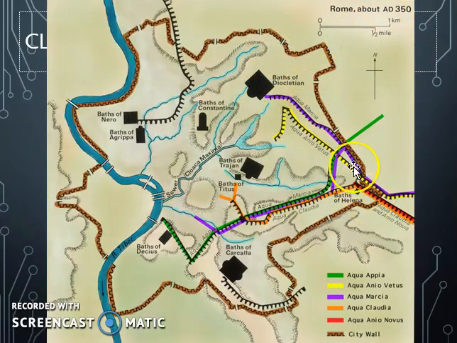And you'll notice that most of the places where these aqueducts are headed are bathhouses. Remember, bathhouses are very much like malls almost today, where everyone in Rome would go to bathe, and they would also shop, they would socialize.